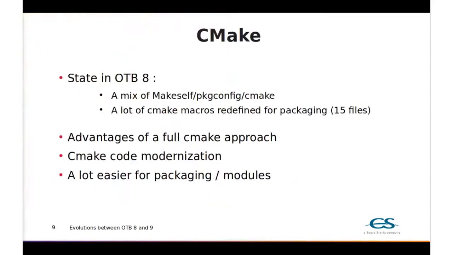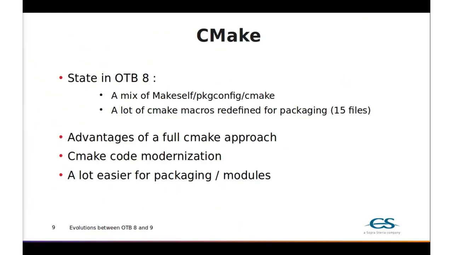Okay, so about going full CMake, the state in OTB 8 was a mix of makefile, package config, and CMake, which are all three different, I'd say, compilation frameworks. And there was also, for packaging, maybe 15 CMake files just to do the packaging, which was a big mess.